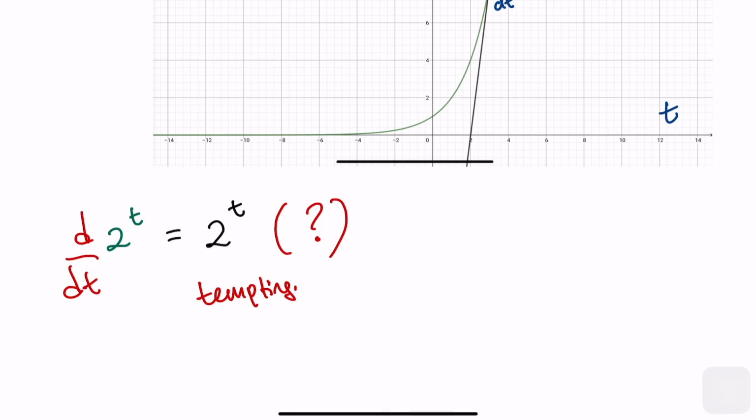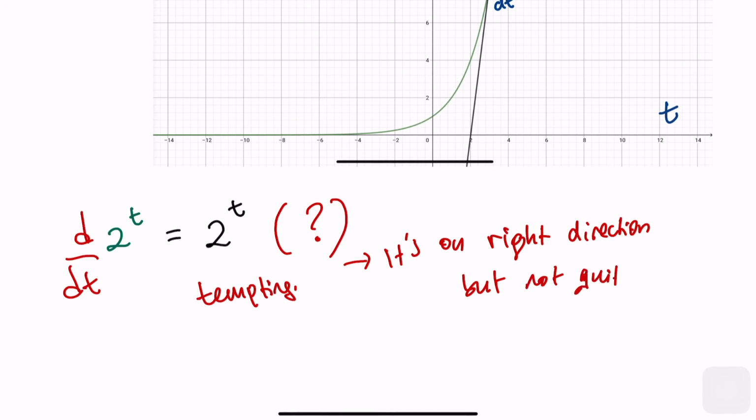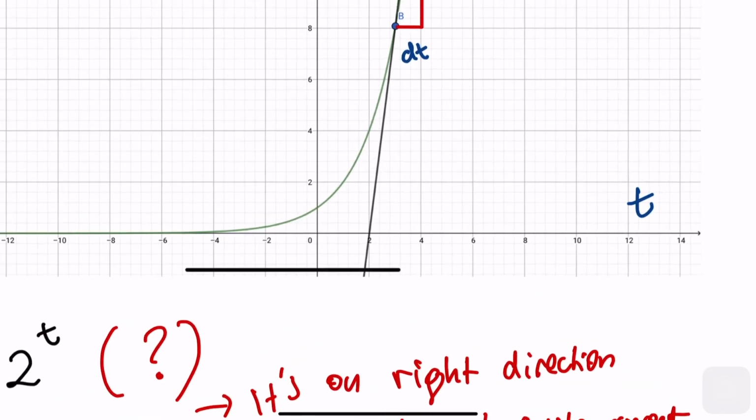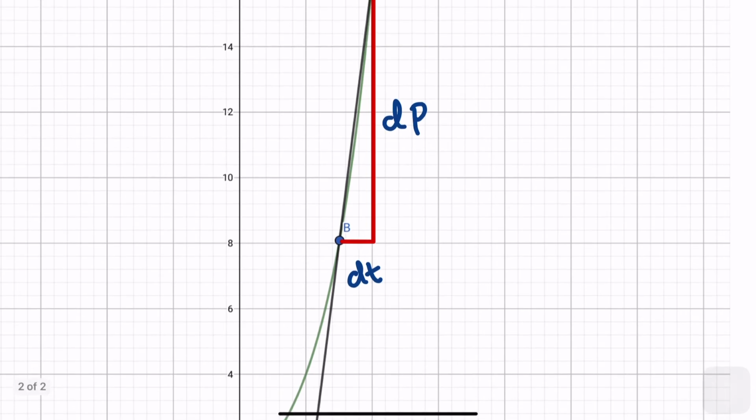It's in the right direction, but not quite correct. It is correct only if the change in delta t equals 1.